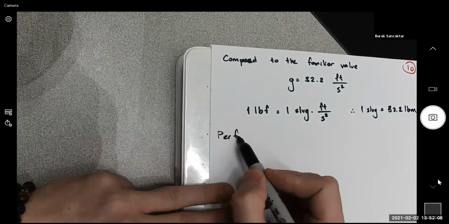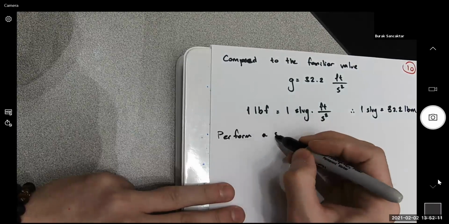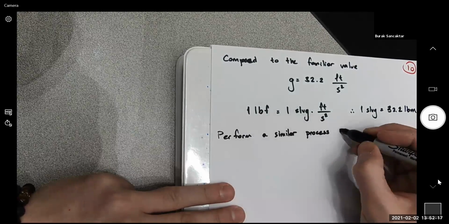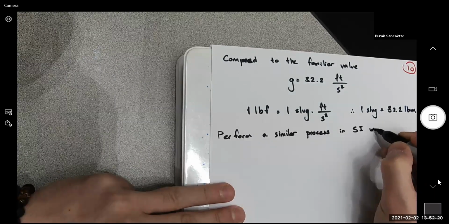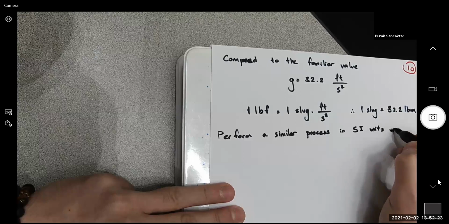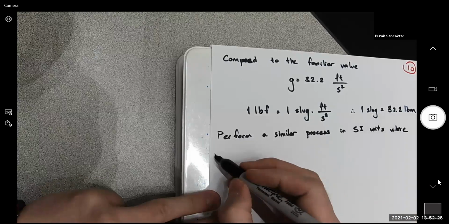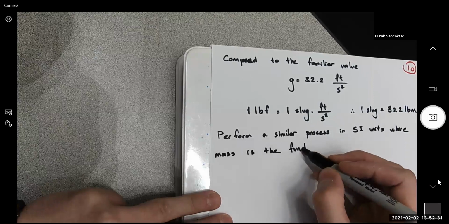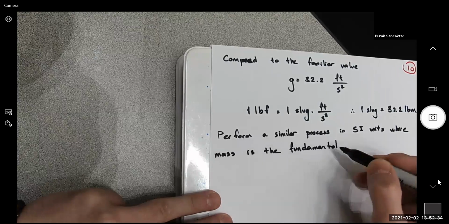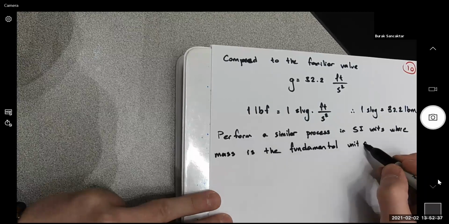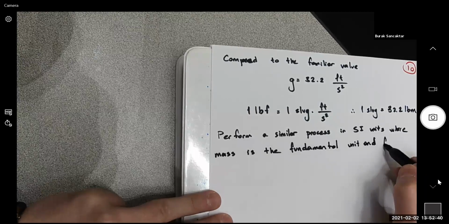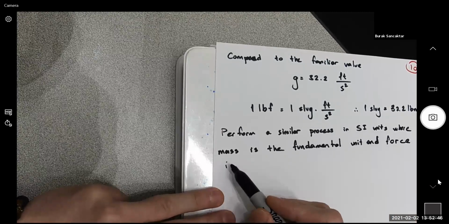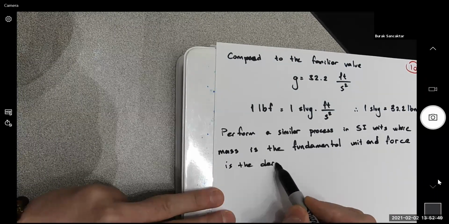Let's perform a similar process in SI units for comparison, where mass is the fundamental unit and force is the derived unit.